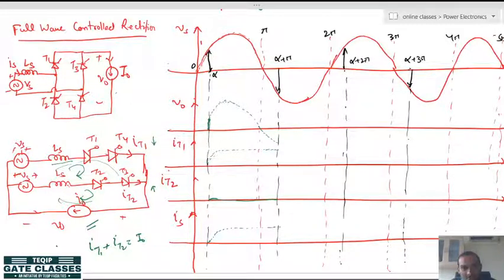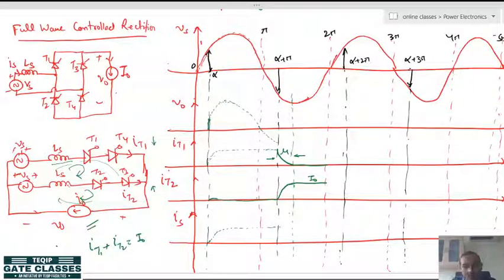Let us draw that IT1 is falling, and in this duration IT2 is rising. So, this is again our overlapping angle mu.